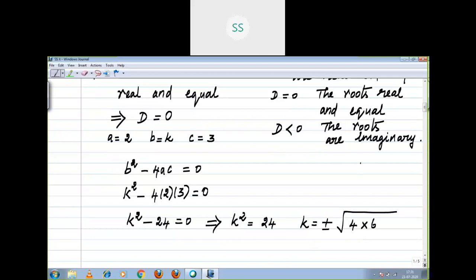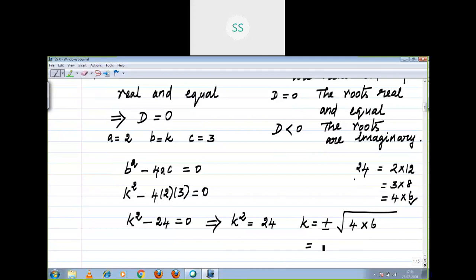You may also write 24 as 2 into 12, yes, correct, or 3 into 8, that is also correct. But with 4 into 6 you have 4 as a perfect square, so for that purpose I took this result.